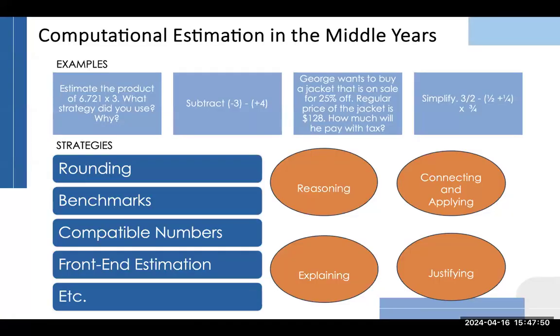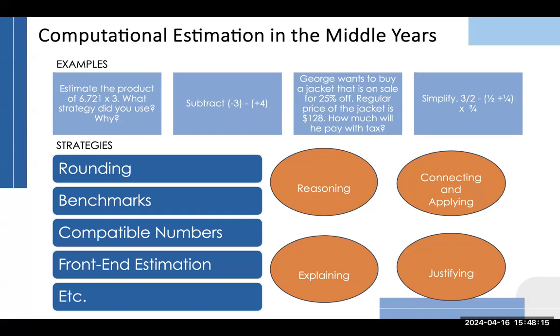Some examples of that are at the top of this screen, where students might be invited to estimate the product of a decimal question and then talk about what strategy they used and why. They might have to interact with integers, and we know when students are working with signs, they have to really think about whether their answer makes sense, right?